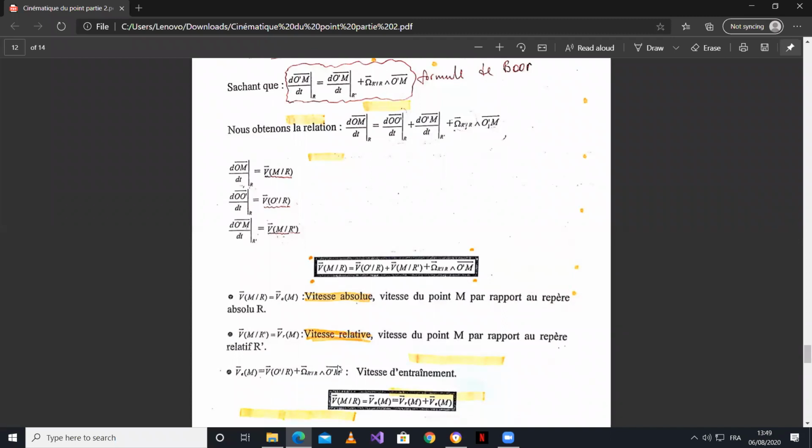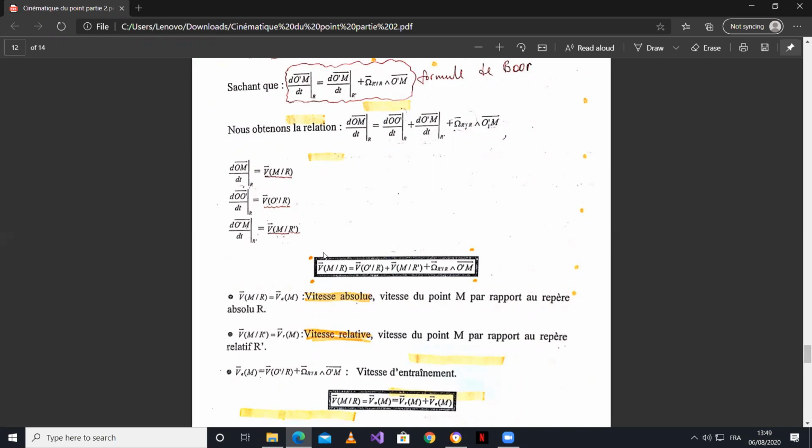As I told you, there's 2 types of movement. The referential can be translating or it can also be rotating. So the vitesse de O prime par rapport à R is going to give us the translation movement, and the omega de R prime par rapport à R vectoriel O prime M is going to give us its rotation.